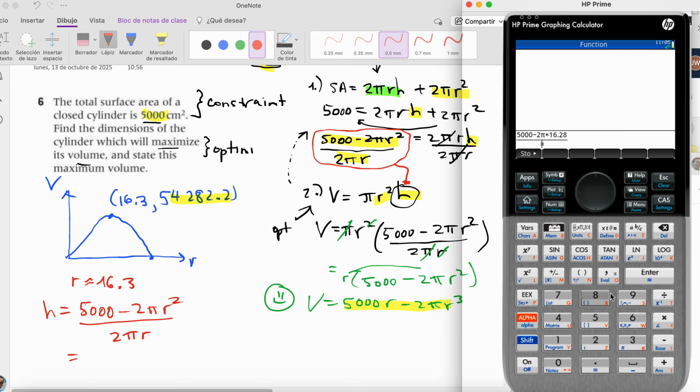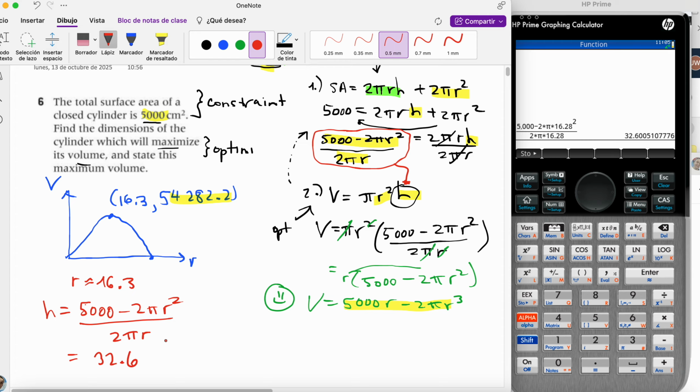So we had 16.28, and then divided by 2 times pi times, and then again, oh, this should be squared. Yes, yes, Miss Walsh. Pay attention, Miss Walsh. Squared times 16.28, 32.6.